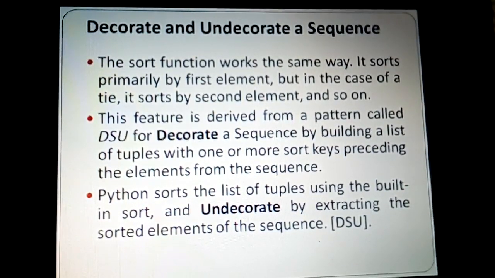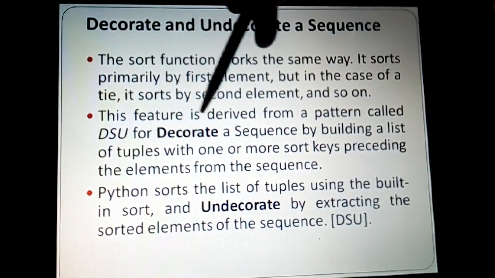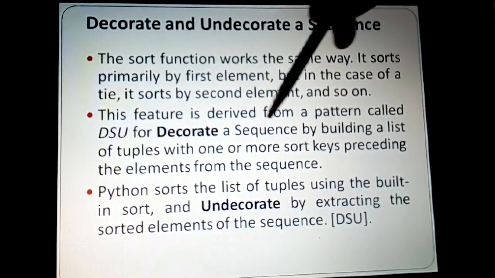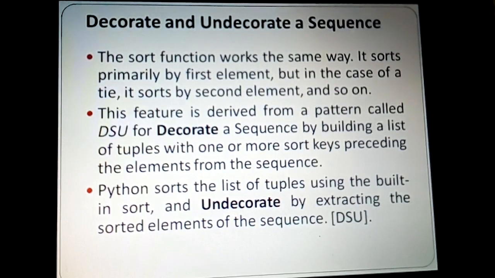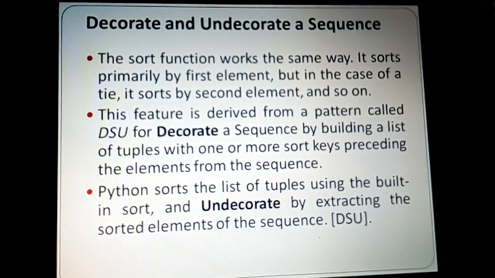This is called decorating the sequence, and there is a pattern used inside called DSU: decorate a sequence by building a list of tuples with one or more sort keys preceding the elements from the sequence. And undecorate means building on the sort, that is, extracting the elements from the sorted elements of the sequence.